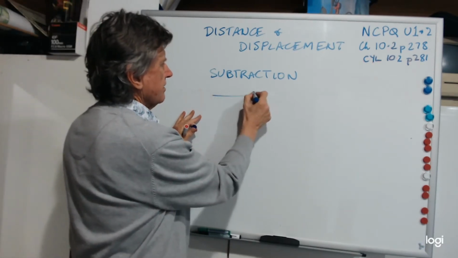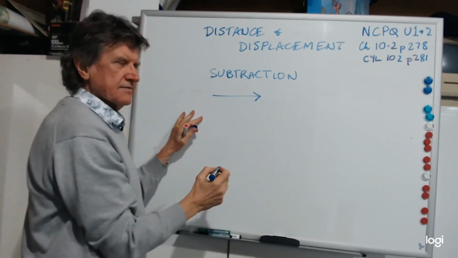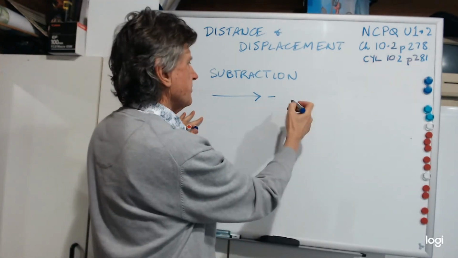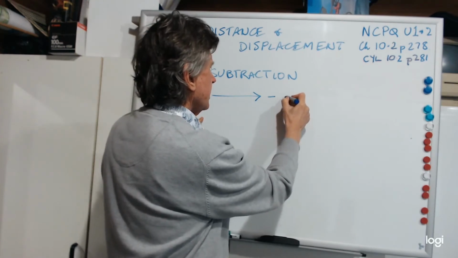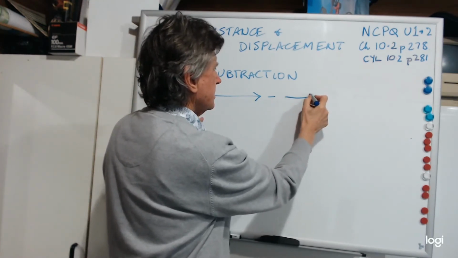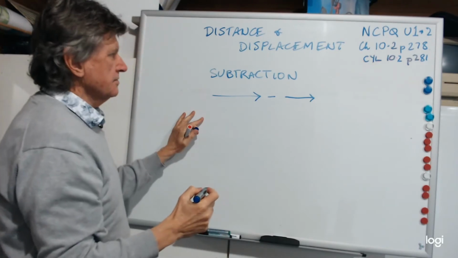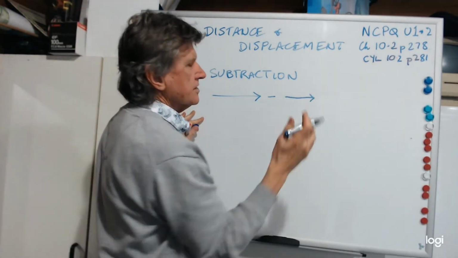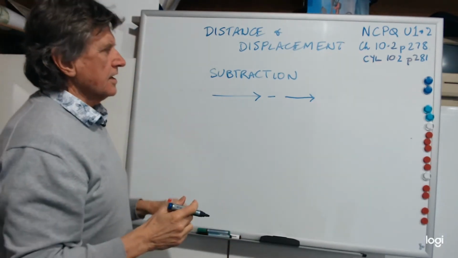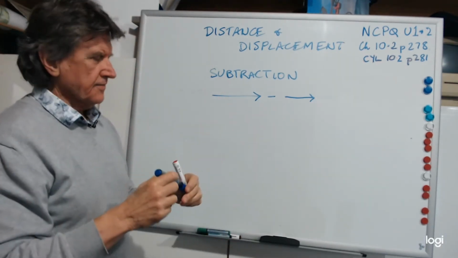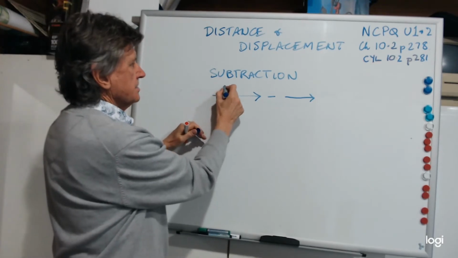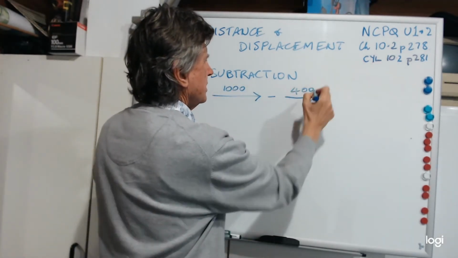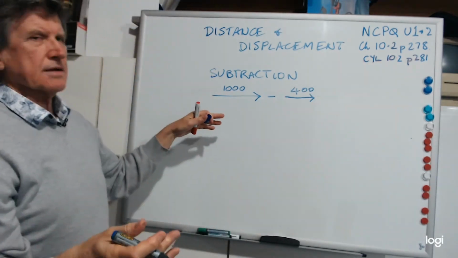Let's say I had a vector like that, and I wanted to subtract, let's say this. I think this will work. No, yeah, this will work. Okay, say I wanted to subtract that. So it doesn't matter. Let's say this is 1,000 again, and let's make this 400. It doesn't matter if it's newtons or whatever, it's just some sort of vector.